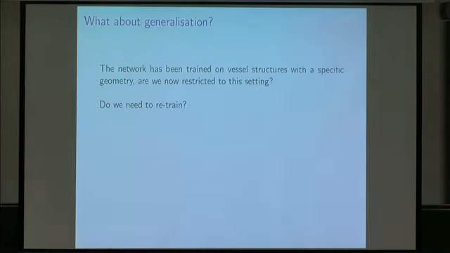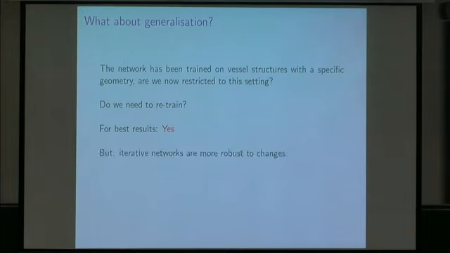But then, yes, the big question that we all struggle with is generalization. What if our geometry changes or even our targets slightly change? What happens? Do we have to retrain the network to adapt to every possible setting? If we want to achieve the best results, I would say yes, we have to.